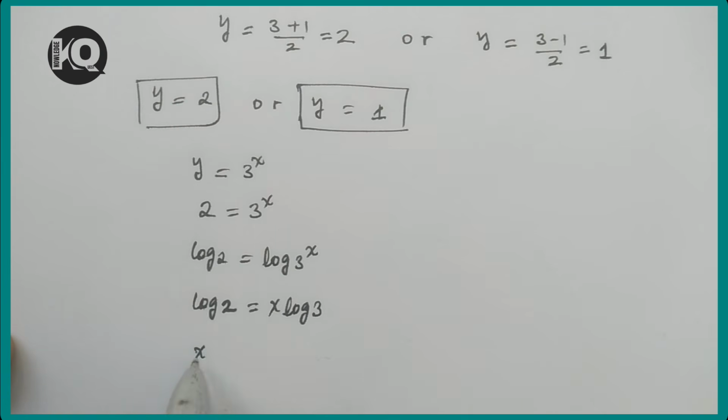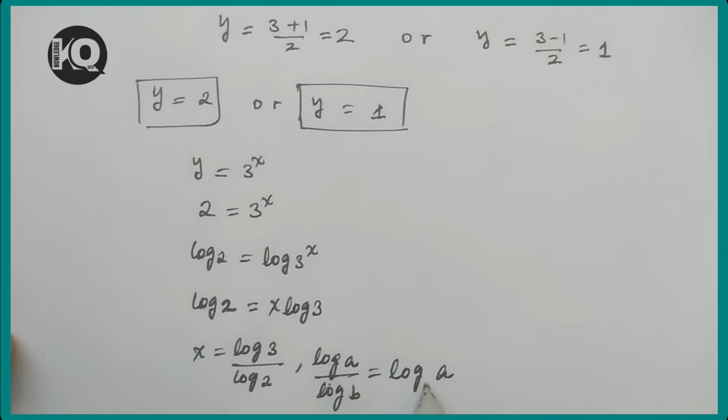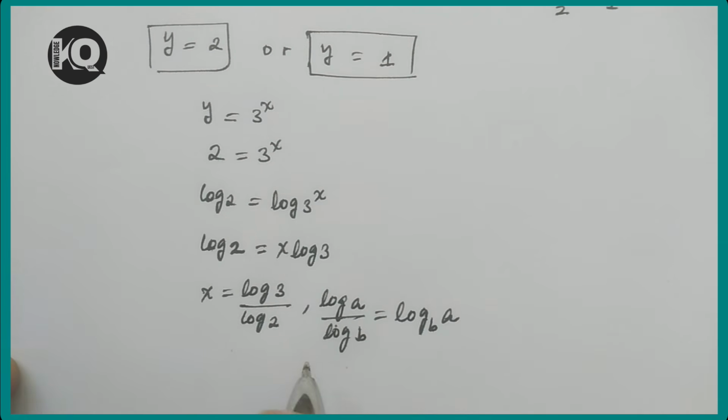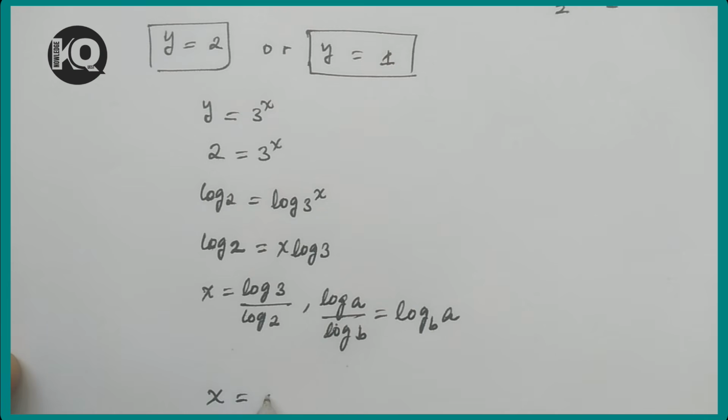So x equals log 2 divided by log 3. We know that log of a divided by log of b is equal to log of a to the base b. So our x will be log 2 to the base 3, which is the first solution of our problem.